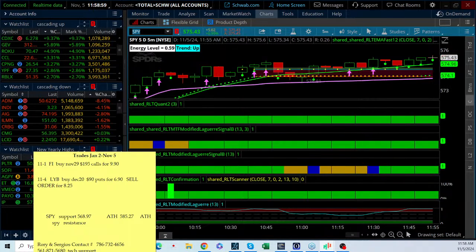The SPY got through the 8. It's just below the 15 right now. Triple Q is looking decent.